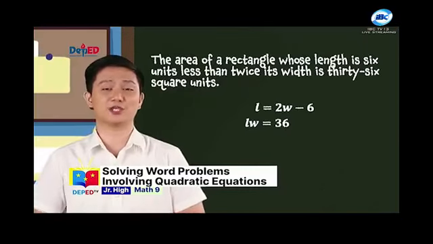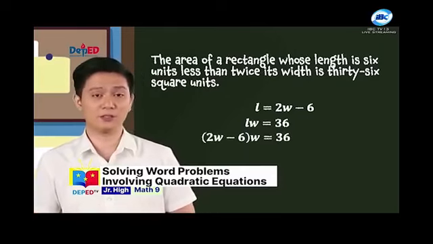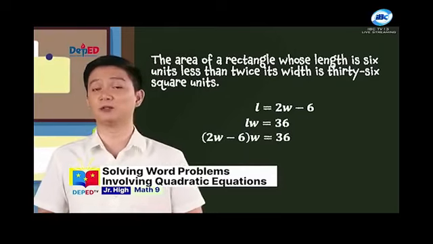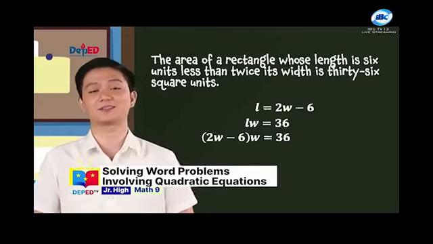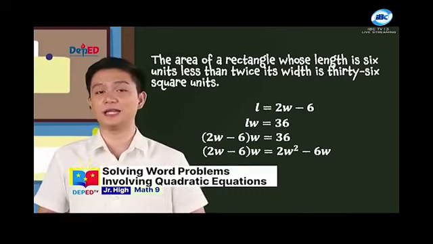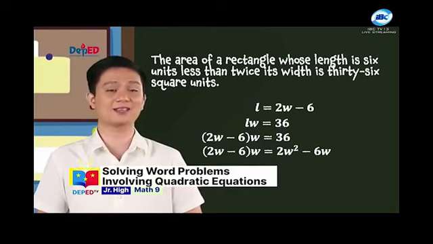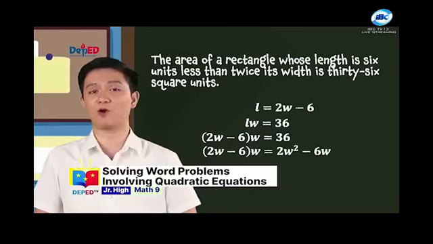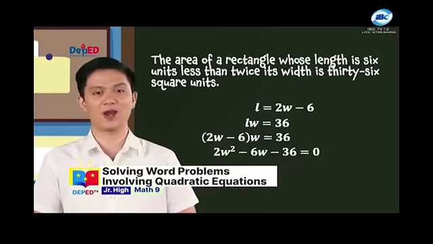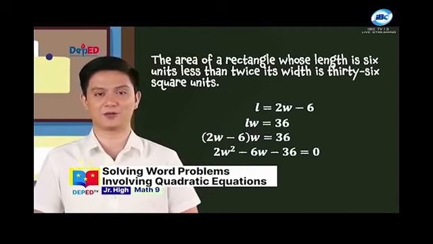The area then, in terms of the width, can be represented by the equation the binomial 2W minus 6 times W equals 36. And since the binomial 2W minus 6 times W equals 2W squared minus 6W, the equation then can be expressed in standard form as 2W squared minus 6W minus 36 equals 0.